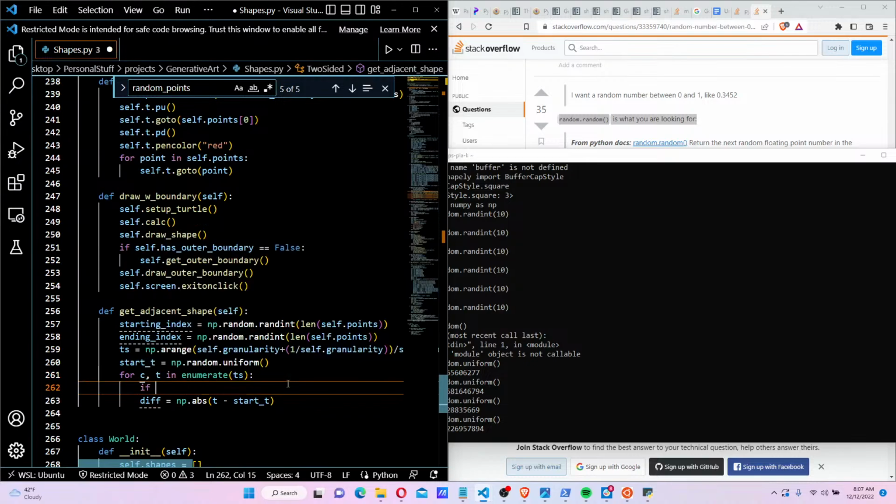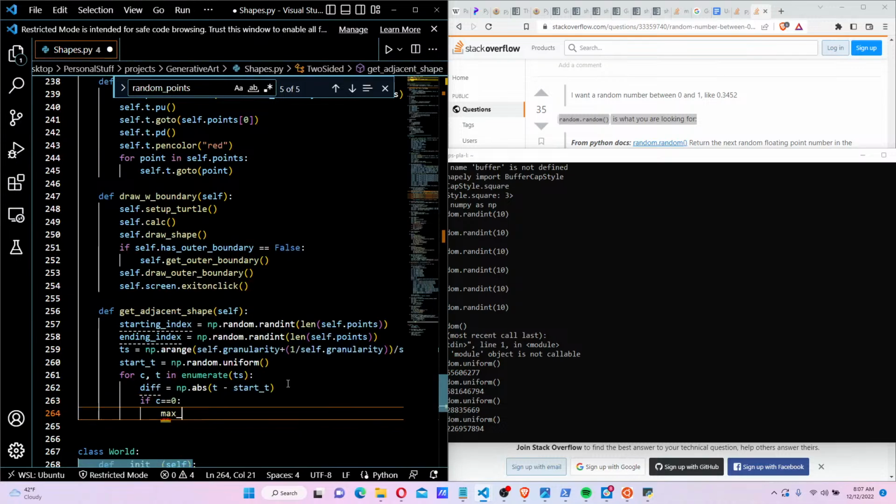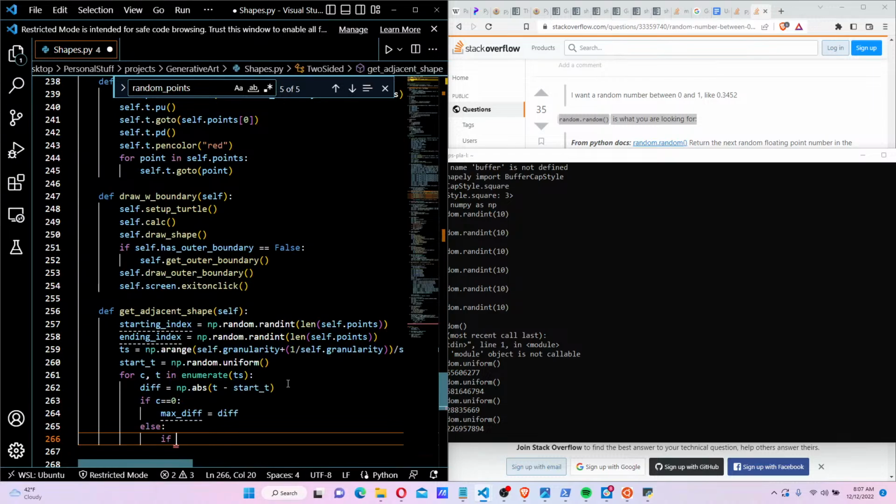And now if c is equal to 0, max diff is equal to diff, else if diff is less than, I'm going to call this min diff, else if diff is less than this, I guess, is 0.1t.